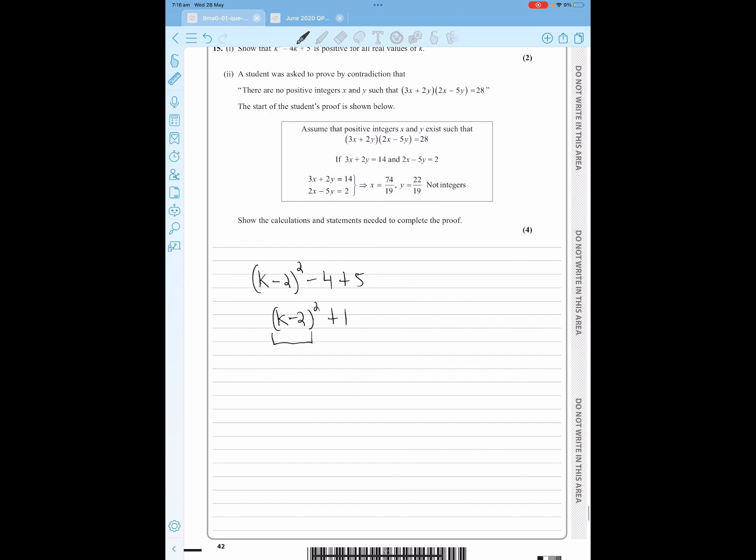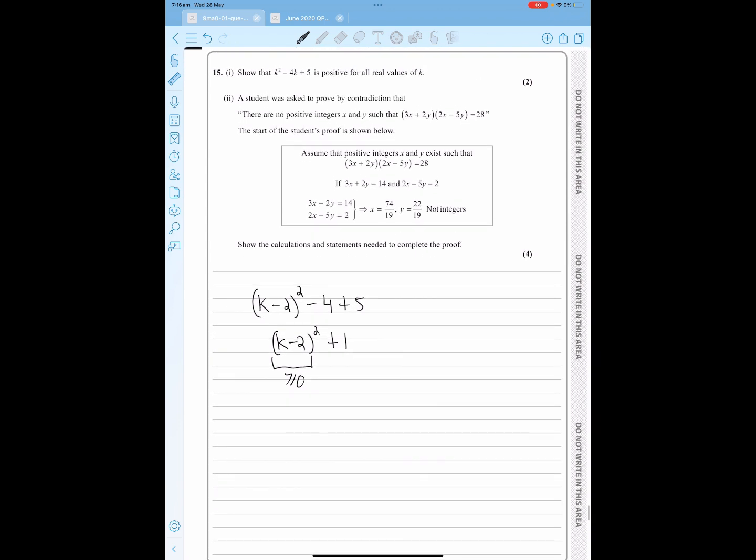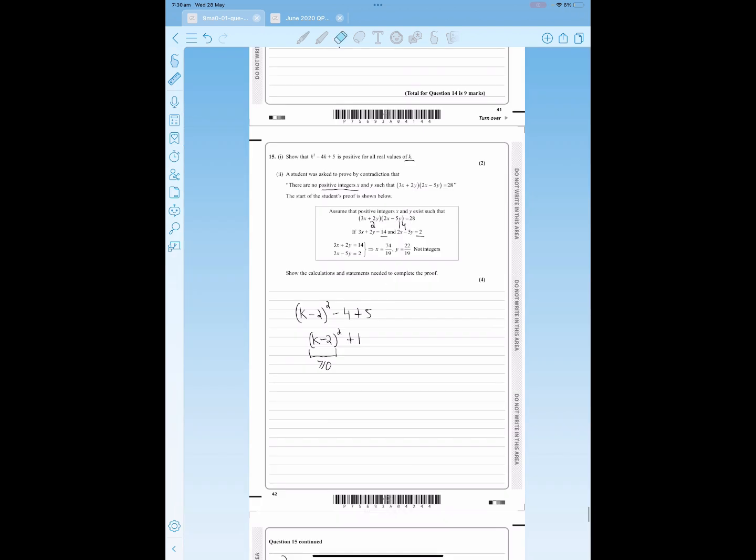Since this value is always greater than or equal to 0, therefore 0 or greater plus 1 would just be positive. I'm not going to write that out, but since we know that for any value of k, (k minus 2) squared will always be greater than or equal to 0, and then you plus 1, it has to be positive.